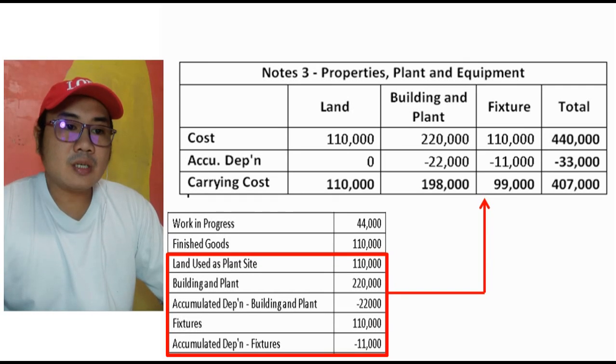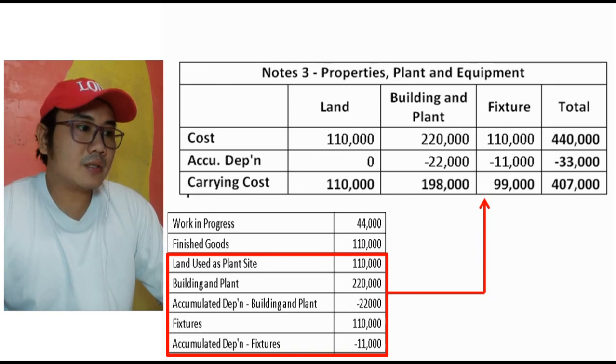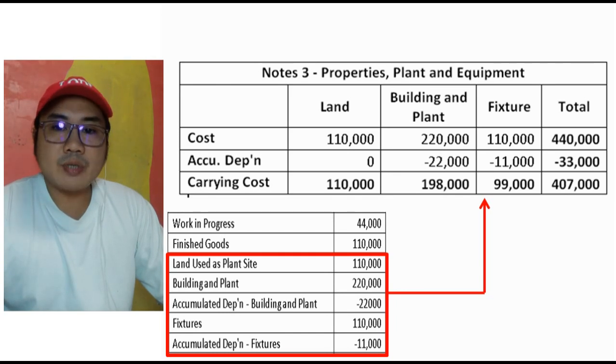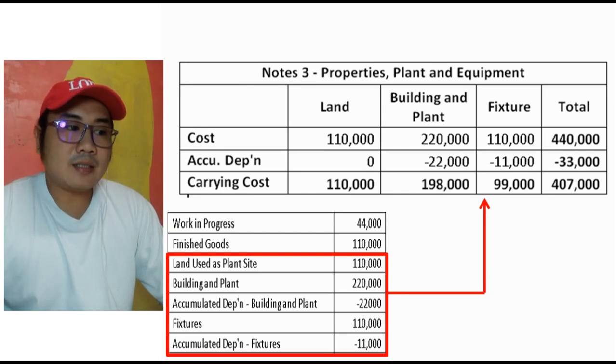For fixture, it's 110,000. Next, deduct the respective accumulated depreciation of each PPE. For building and plant, it's 22,000. And for fixture, it's 11,000. Notice that the land has no accumulated depreciation because land is considered a perpetual asset. Its market value does not decrease in time.